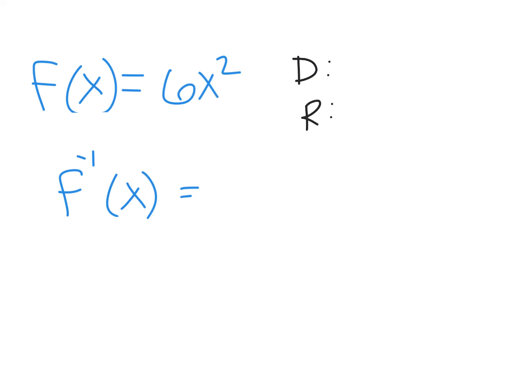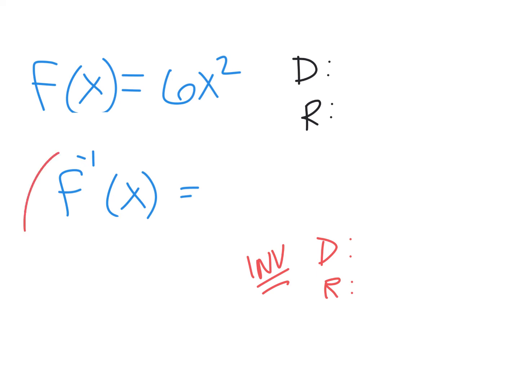Then, I'd like you to figure out the domain and range of the original one and the domain and range of the new one. This is the inverse's domain and range. Now, pro tip, hear me, because so many people don't hear this.